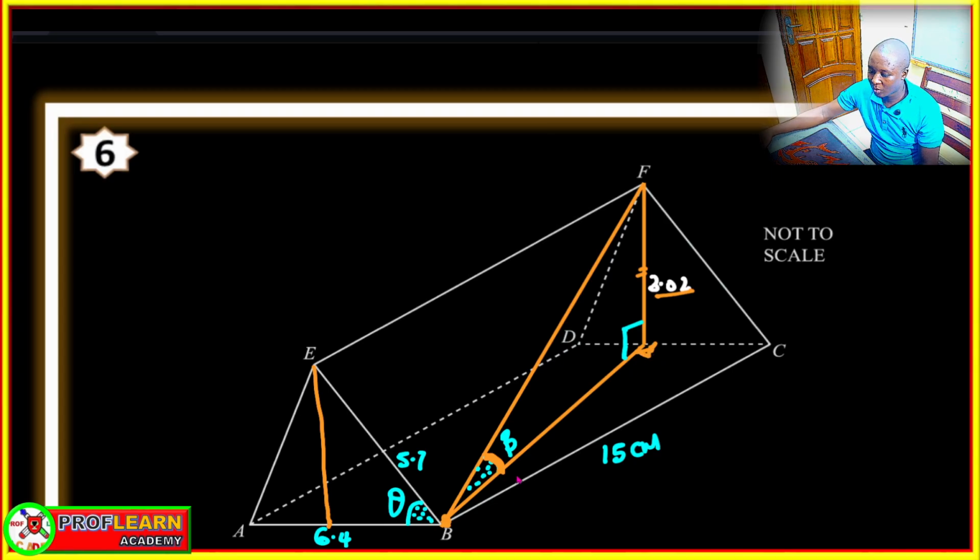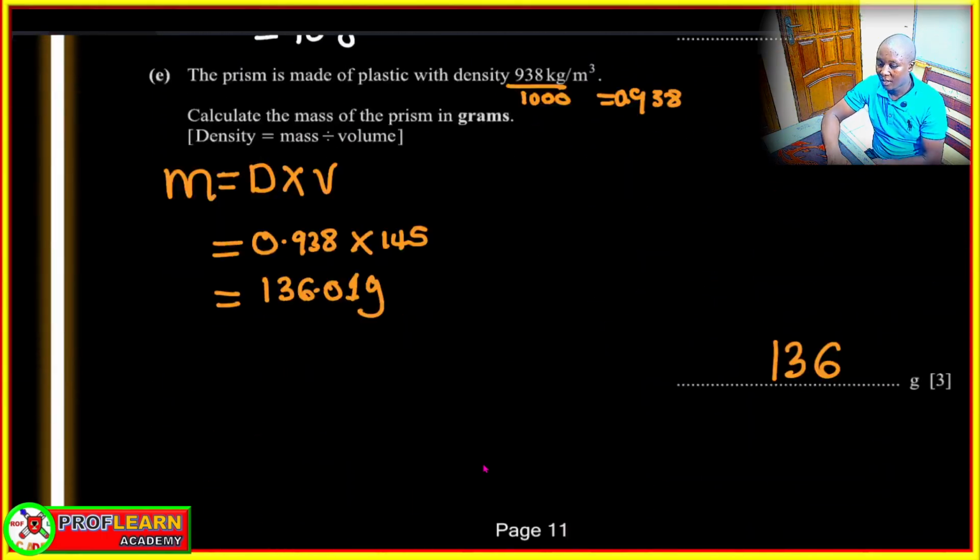We can use Pythagoras theorem, and from here to here is 3.2, so we can find this by using Pythagoras theorem. This squared minus this squared, square root will give us this, and that is exactly what I've done here.